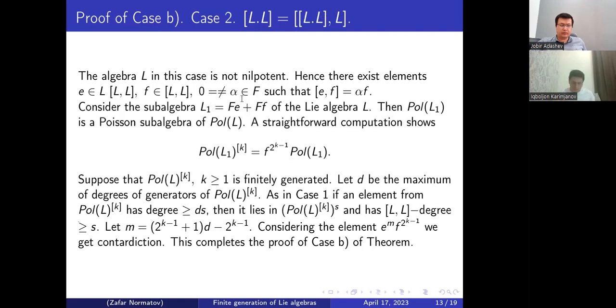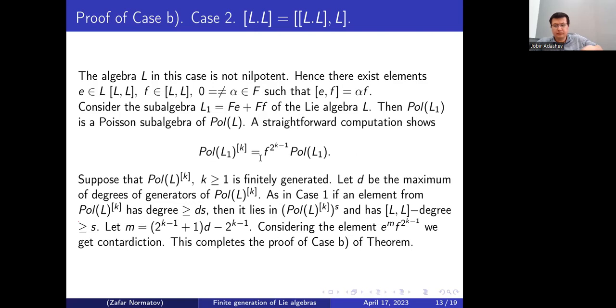So for E being the nilpotent element in L, and F in this bracket, there exists a non-zero alpha such that [E, F] equals alpha F. They are considering this subalgebra of the Lie algebra, then considering the polynomial algebra on this subalgebra.